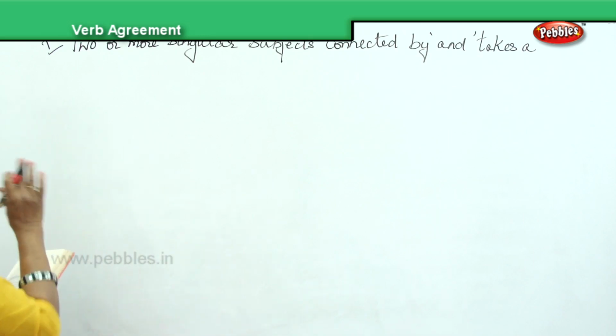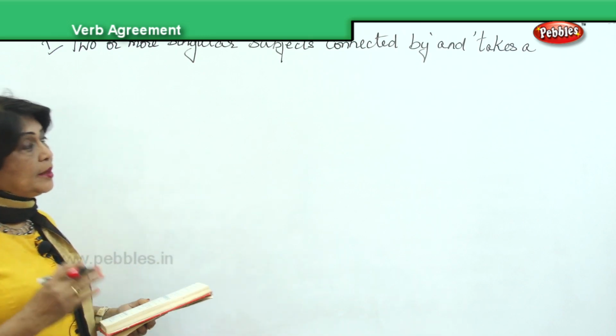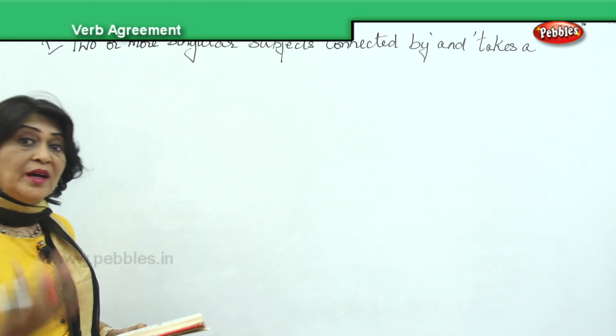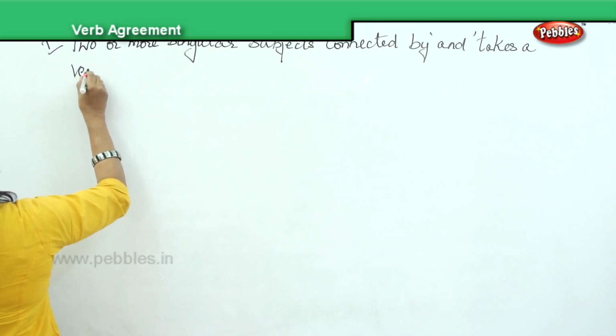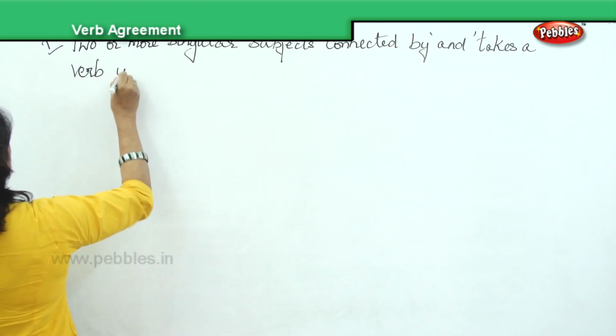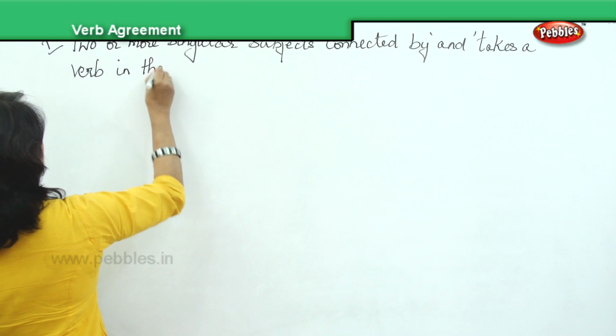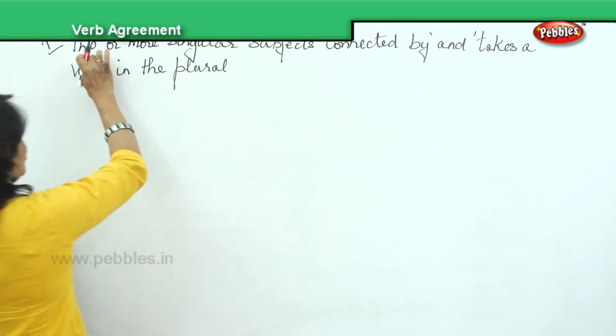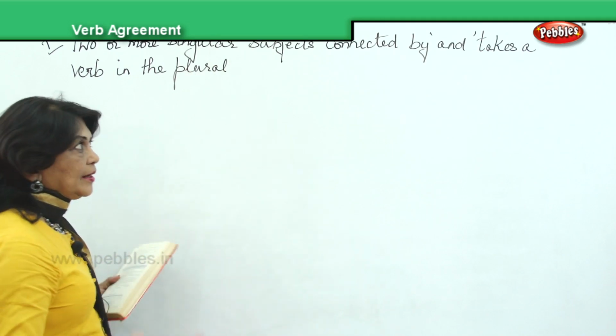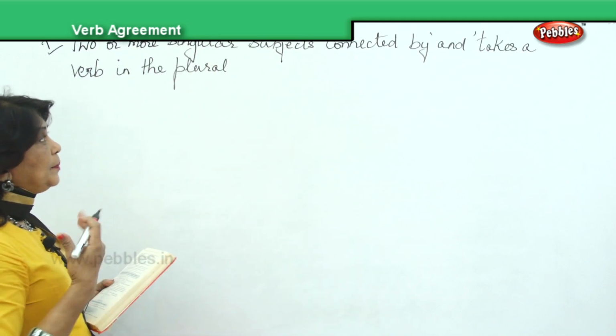I am sorry, two or more singular subjects connected by and takes a verb in the plural. Okay. When two or more subjects are connected by and, the verb becomes plural.